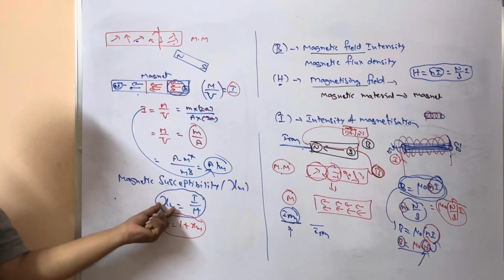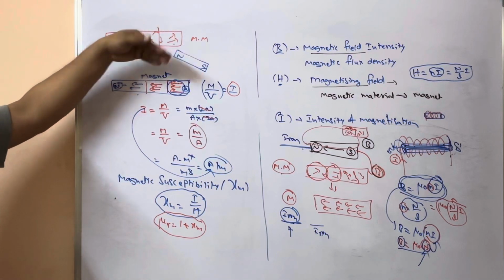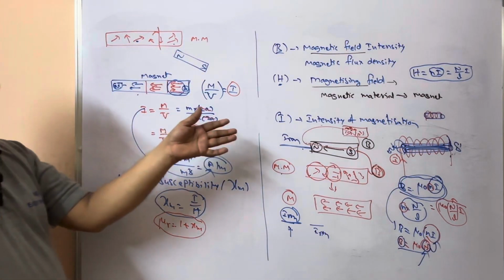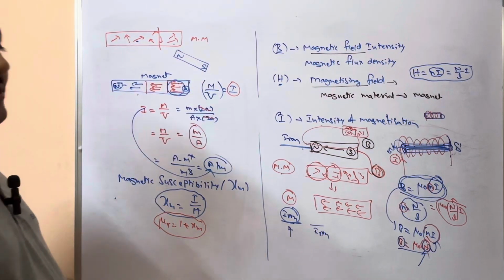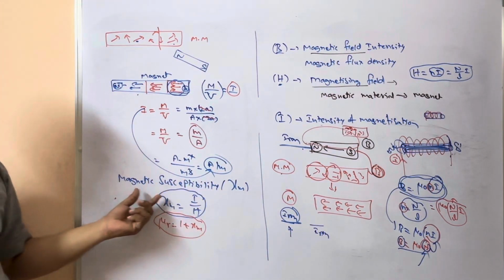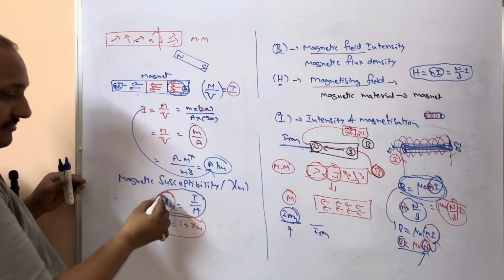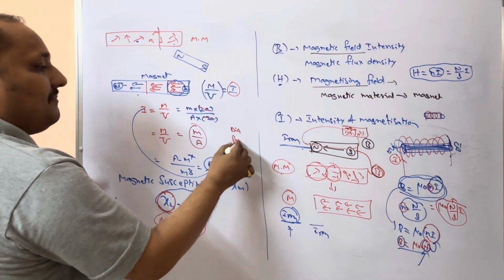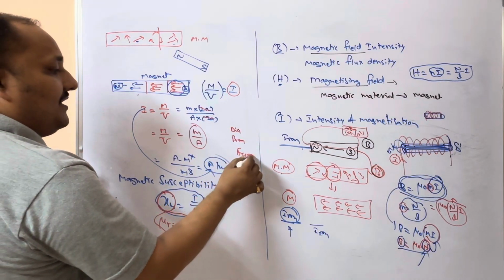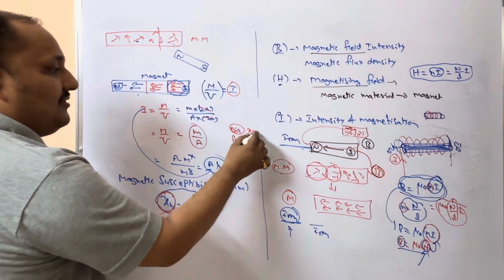If the chi m value is more, we can convert that magnetic material into a magnet. The best example is ferromagnetic material, which can be converted very easily into a magnet because the chi value is more. This chi value depends on whether the material is dia, para or ferro. For diamagnetic material, chi m is negative.